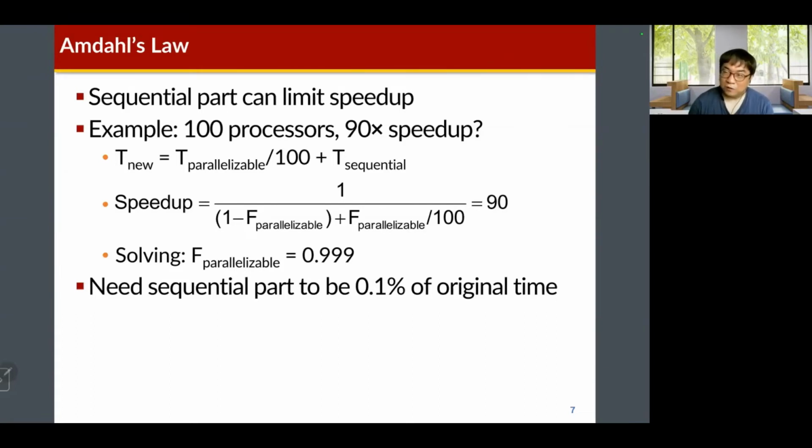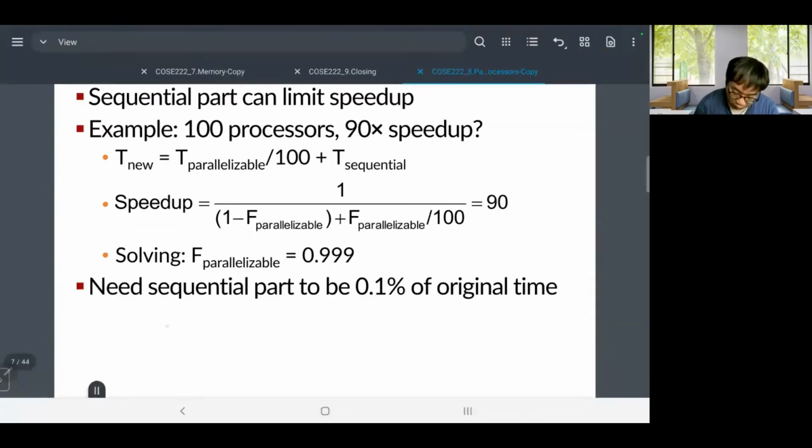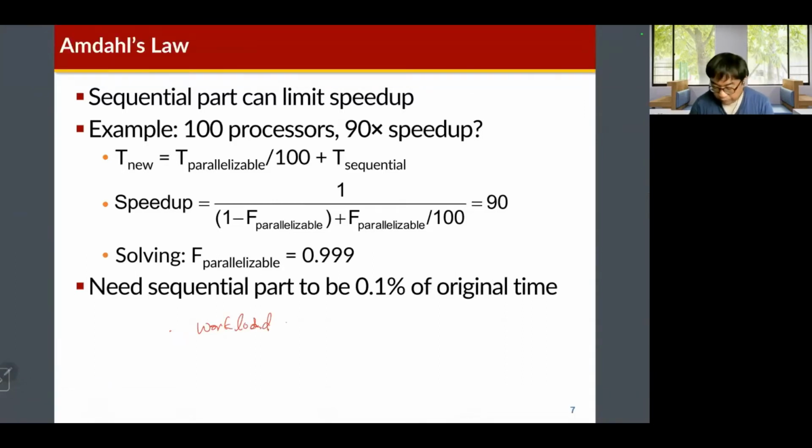Amdahl's law means that we can split our workload into some workload that can be enhanced and some workload which cannot be enhanced.